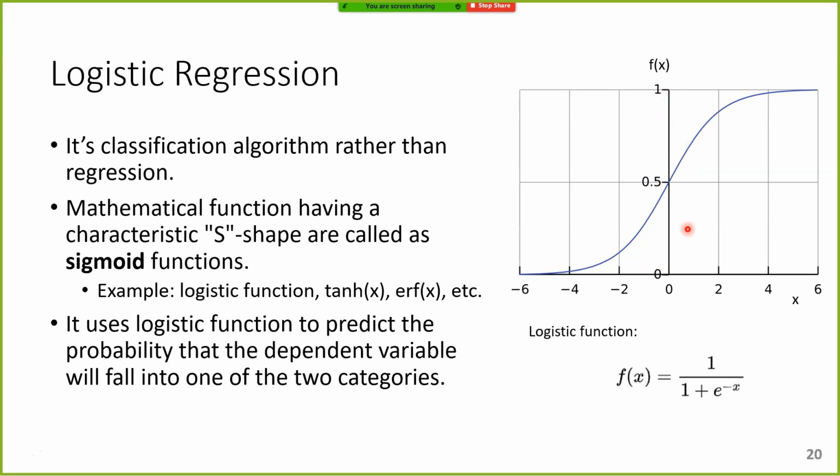So if the y value is greater than 0.5, we can say the input data point belongs to some category A, and if the y value, or f(x) value, is less than 0.5, we can classify this new incoming variable as the second category.